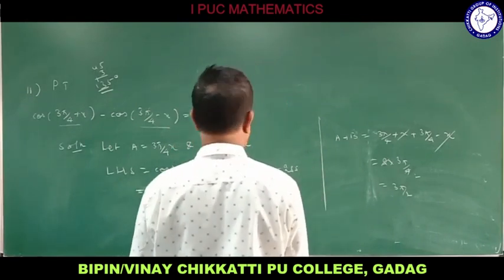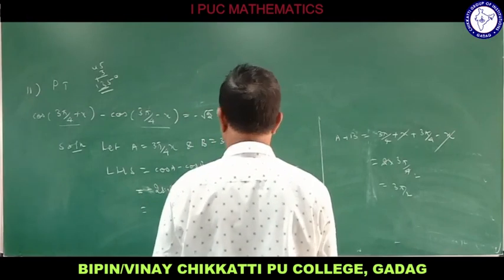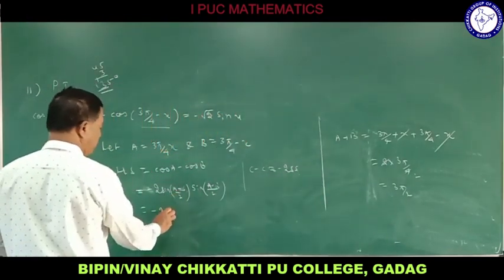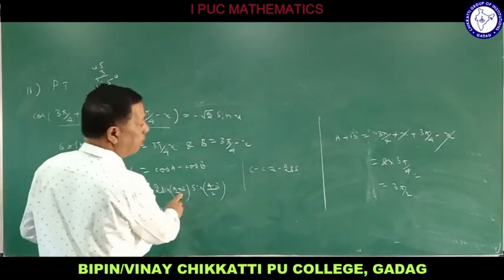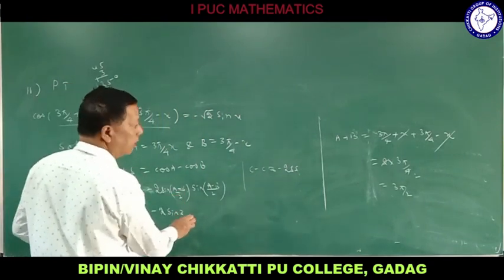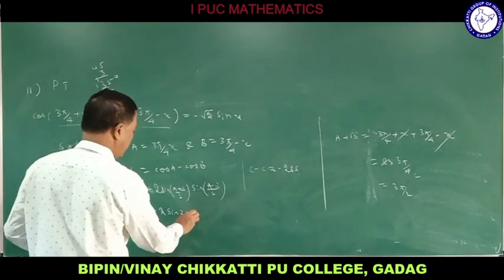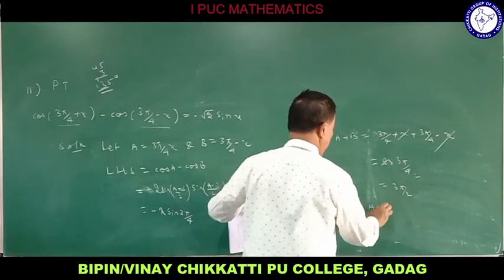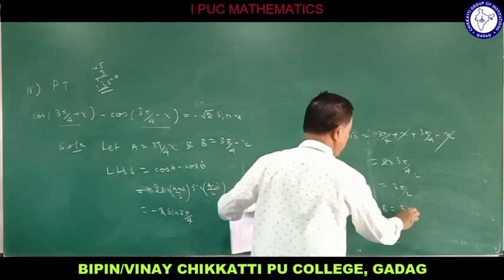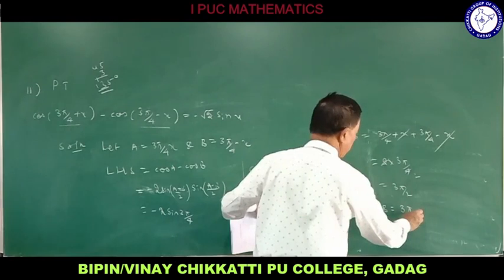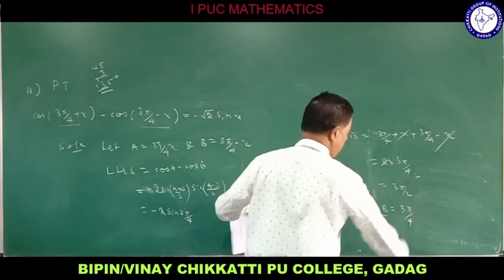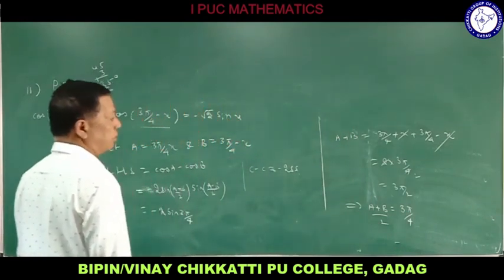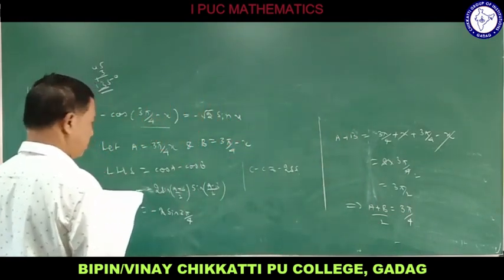So A plus B is 3 pi by 2, and then A plus B by 2 is equal to 3 pi by 4, because dividing by 2 on both sides, you get 3 pi by 4.